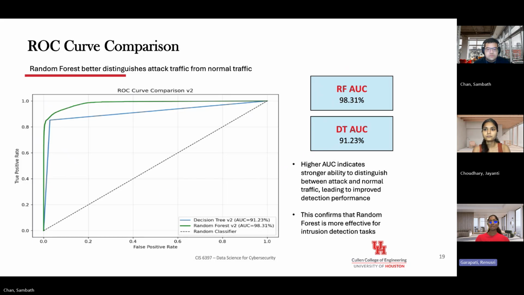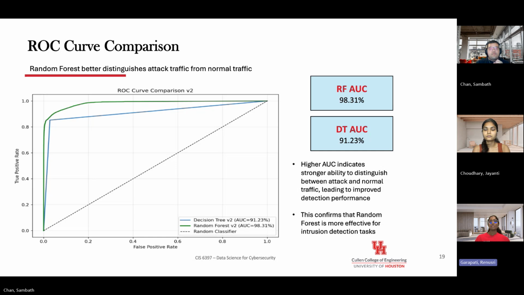Because in cybersecurity, it's not just about accuracy; it's about how many attacks we fail to detect. So in the next few slides, I'm going to show how our models actually perform and how we tune them to reduce real world risk. Now let's start with the ROC curve.